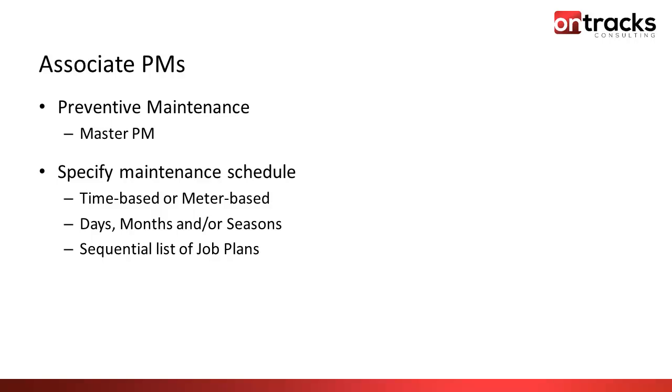You're able to restrict it for seasonal work, and you can identify individual job plans that might be associated to that specific asset. And just as you would create a PM record, you are still able to apply a sequential list of job plans. And from there, once that master PM record has been set to active, we can then apply that to the asset template.